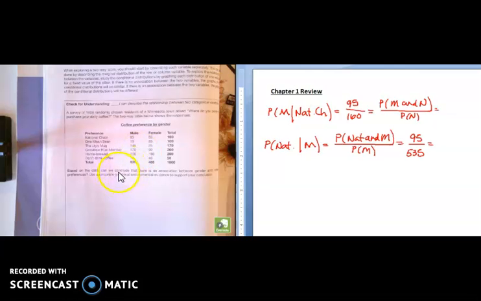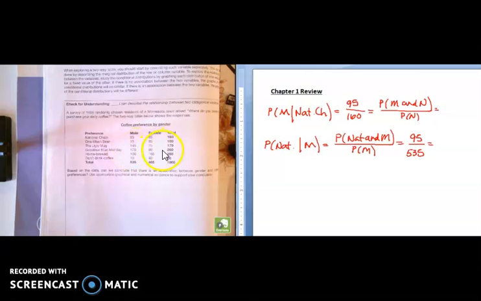And when they ask what can we conclude about the association between gender and coffee, you would look at, out of all the males, what percentage like each of these? Out of all the females, what percentage like all of these? And then you can compare. If those distributions are the same, then we'd say there's really no association between their preference.